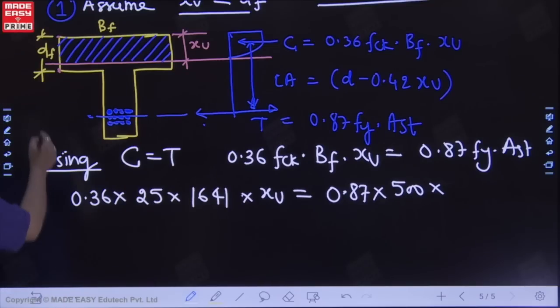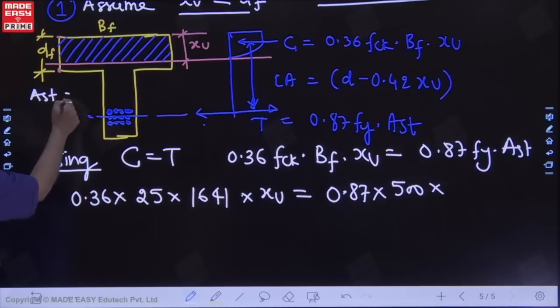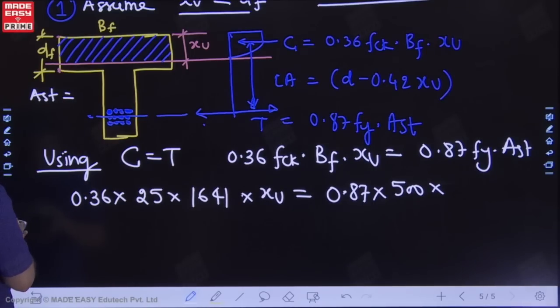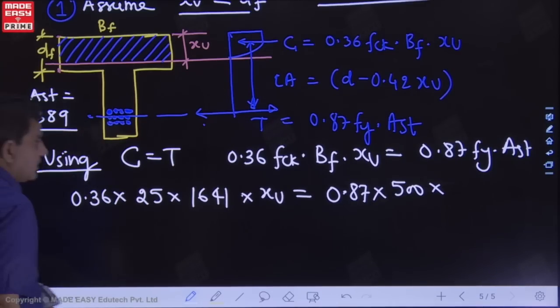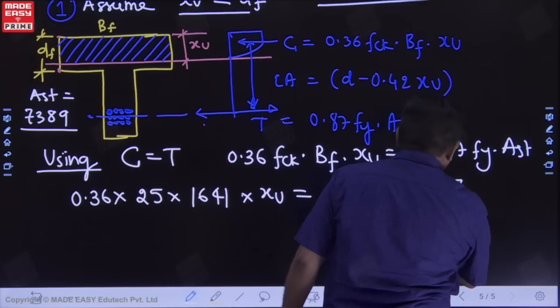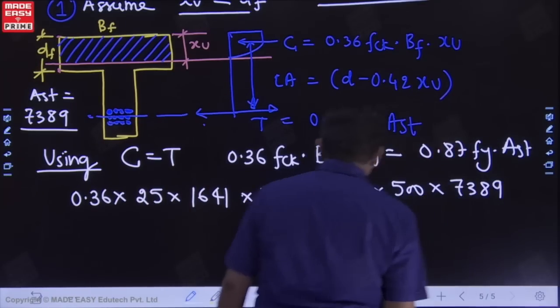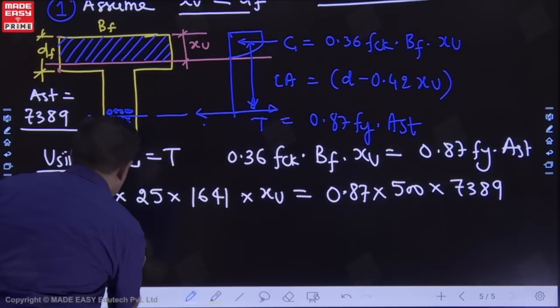So what is Ast? Total Ast here is 12 into pi by 4 into 28 square. This comes to 7389 mm square. So put it here, 7389 mm square.